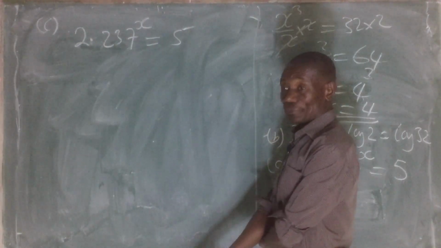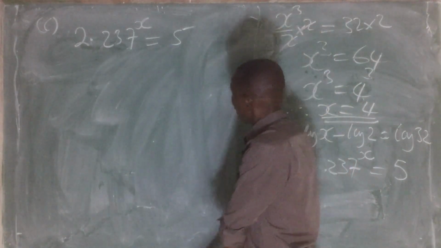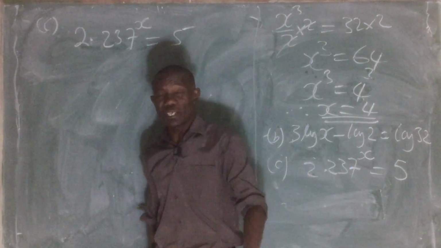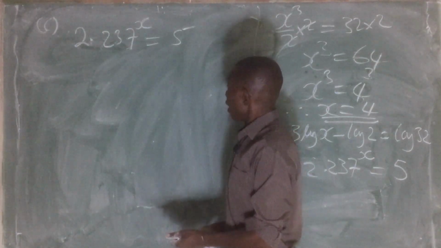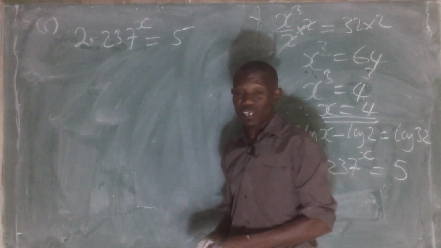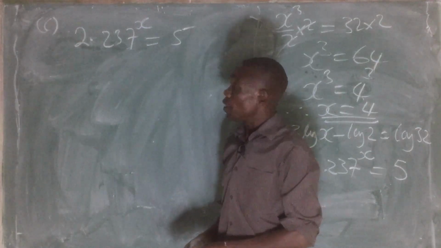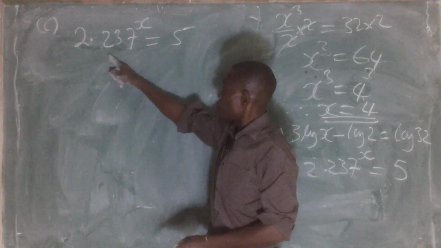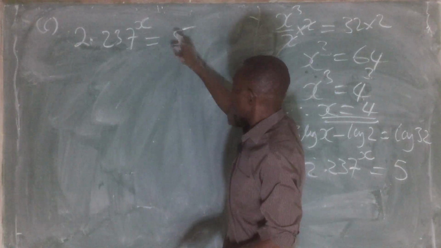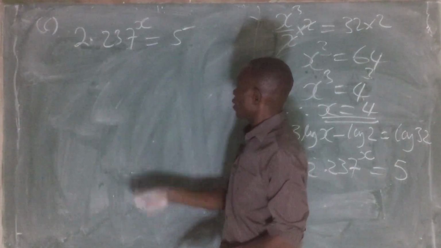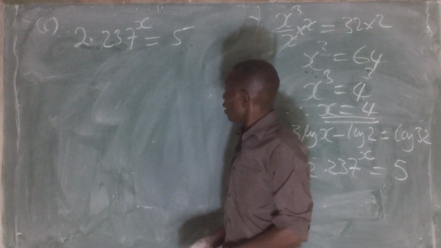So for x, a trouble will be there. As much as we know how to work out an exponential equation, we always consider expressing terms to the same basis or to the same exponent. If you look at it here, the base is 2.237. Now if you like to make 5 to base 2.237, that can take you time.